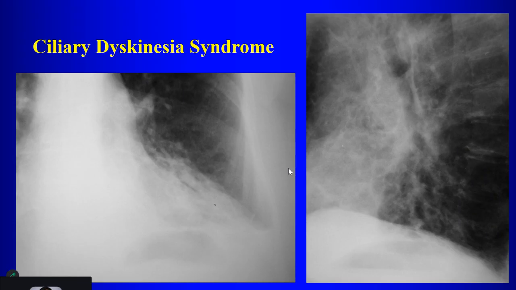Now, you can have patients who don't have situs inversus, right? So this is also something to consider. You have a patient who has recurrent infections, bronchiectasis. This tends to give you the bronchiectasis that's more severe in the lower lung distribution, right? So ciliary dyskinesia or immotile cilia syndrome, think about this in patients who have bronchiectasis, recurrent infections, lower lung distribution.